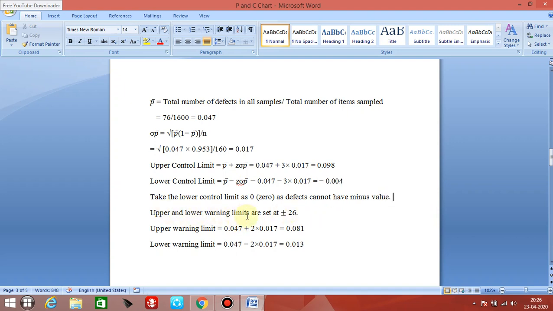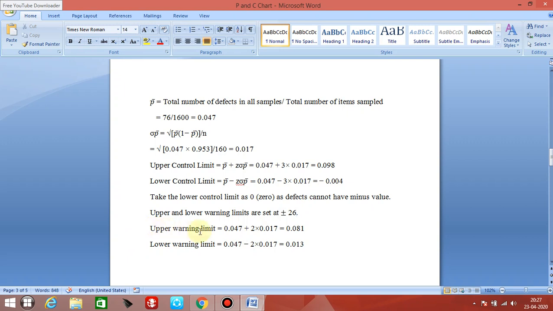Now upper and lower warning limits are set at plus minus 2 sigma. This is not 6, this is sigma; somehow I have mistyped. So remember, this is plus minus 2 sigma.